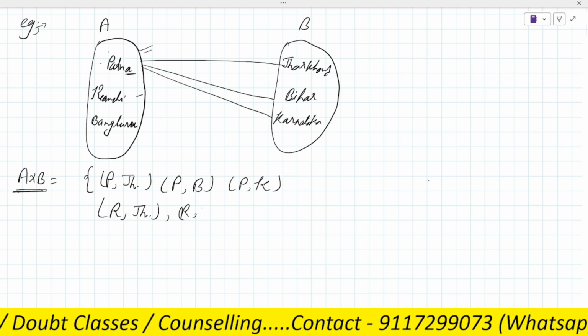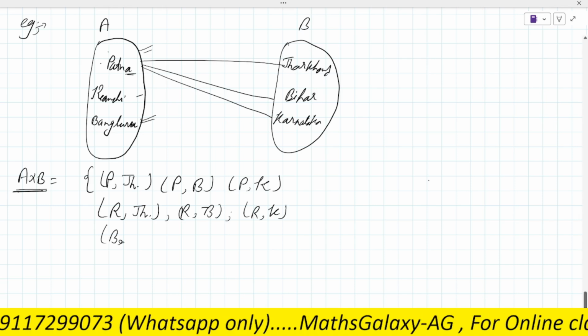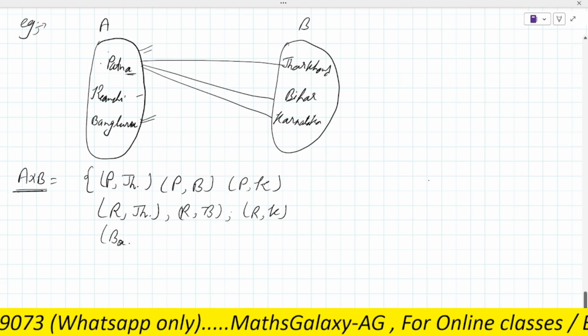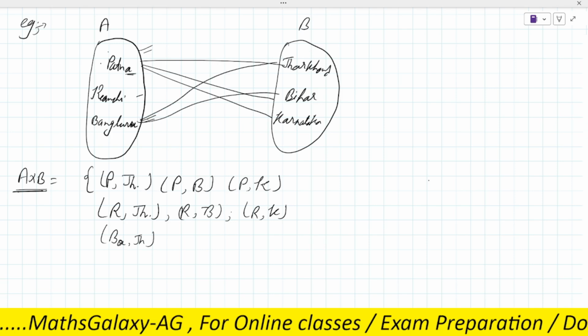Bangalore with Jharkhand, Bangalore with Bihar, and Bangalore with Karnataka. Is it clear? So this will be our new set, that is A cross B.